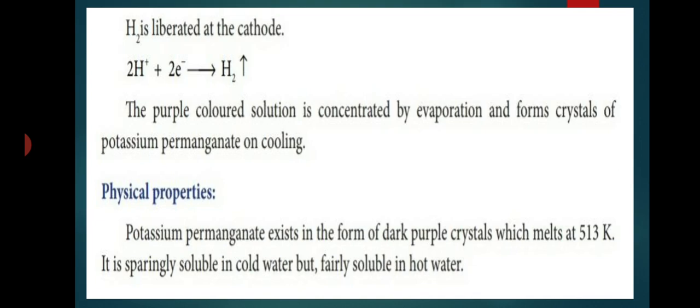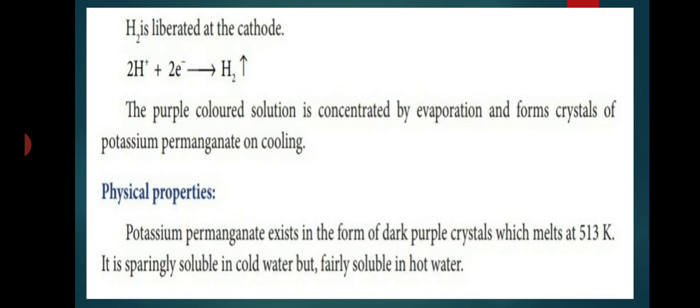So there are two steps. The first step is pyrolusite ore converted into manganate, and the second step is manganate converted into permanganate using either chemical oxidation or electrolytic oxidation.